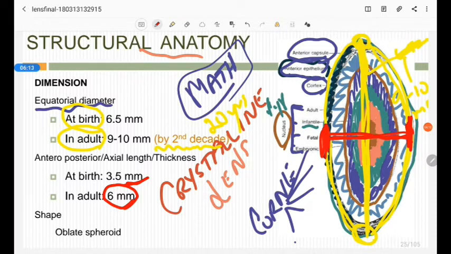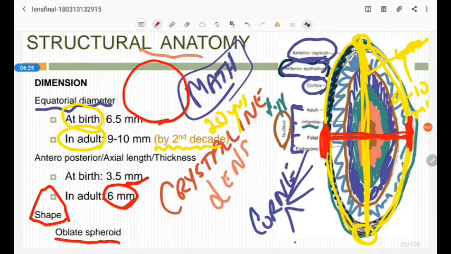With regard to the shape of the nucleus, it is an oblate spheroid, which means it is not a perfect sphere.